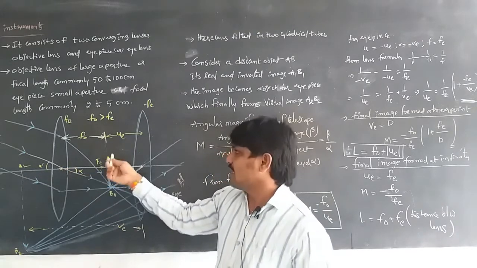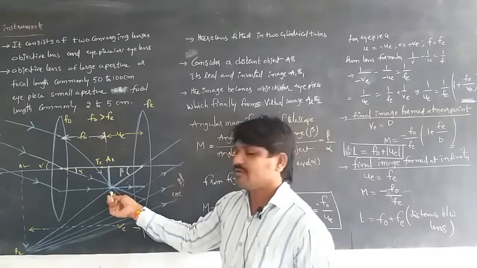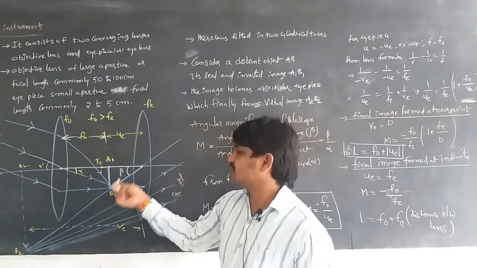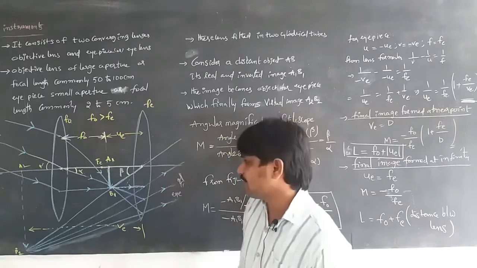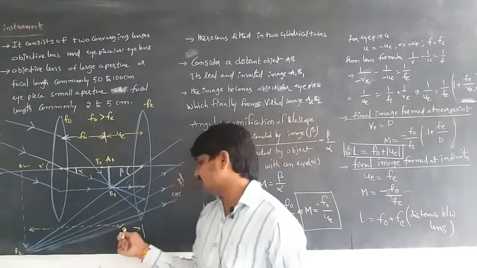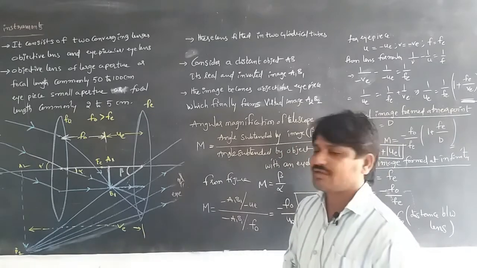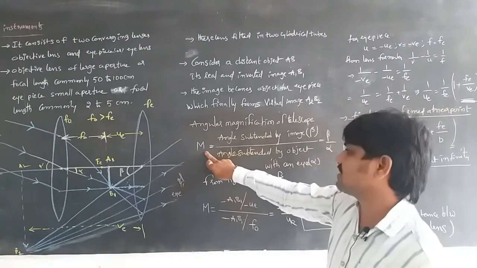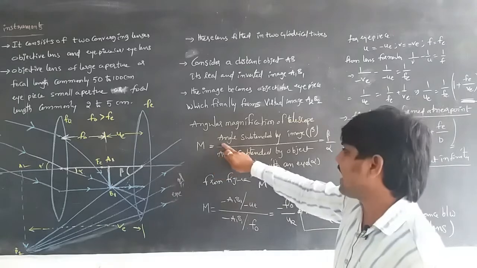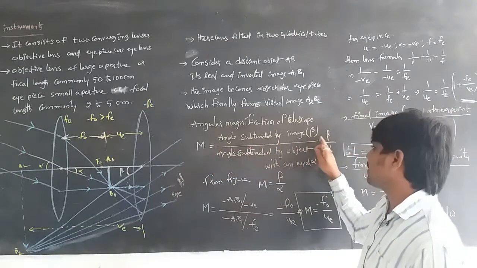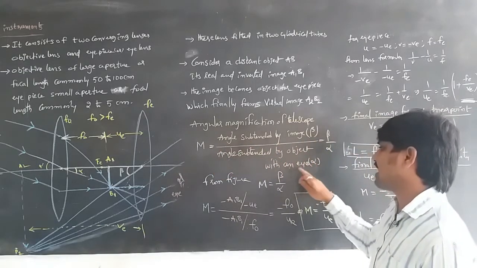Also the image A1 B1 acts as an object for the second lens, the eye lens, and the final image is formed at a distance of VE. Then from that, we can derive the magnification formula: angular magnification M is equal to the angle subtended by the image, beta, by the angle subtended by the object at the eye, alpha.